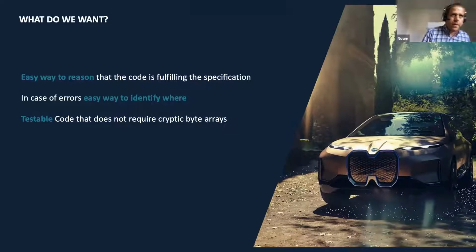So we need to be sure that we are not missing something between the specification and what we are actually doing in the data center. We want the code to be very easy to align to the specification. This is one important requirement.